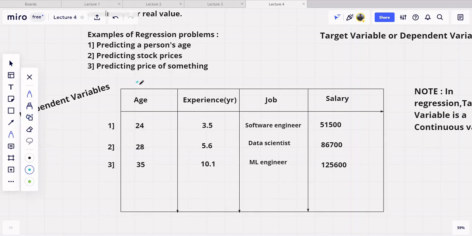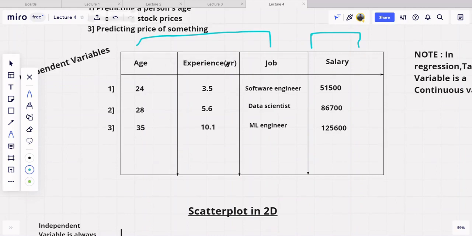The age, experience, and job will become the independent variables, whereas salary will become the dependent variable, because we will be trying to predict salary based on the data we have on the person's age, experience, and job.